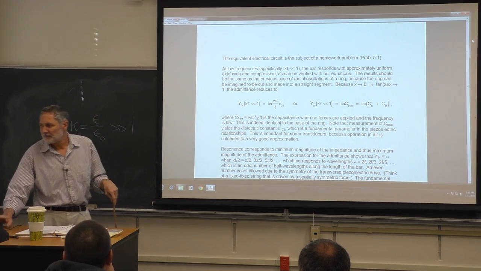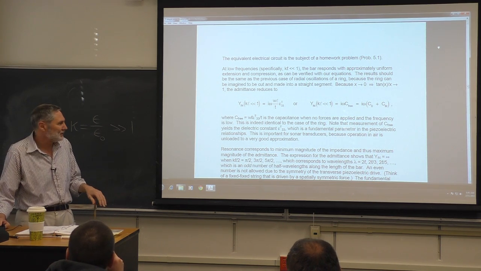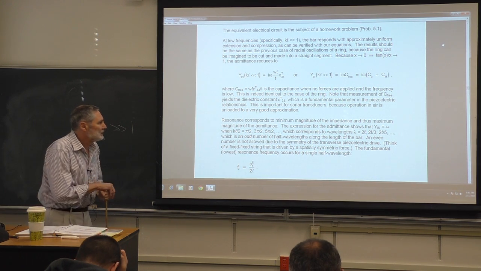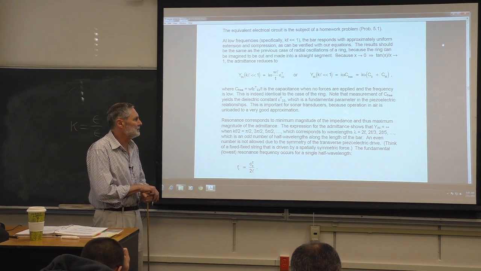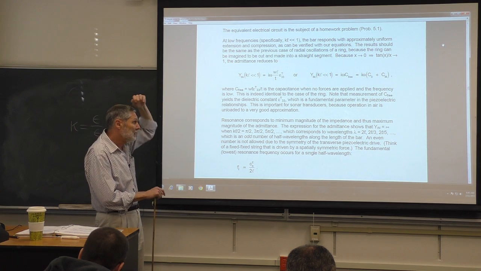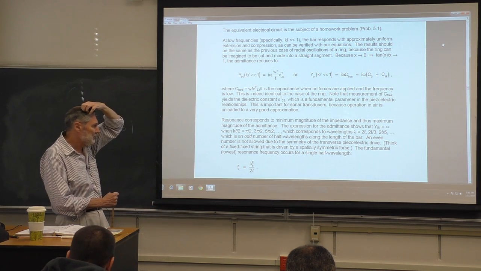Now, there's stuff going on here. We have to investigate the standing waves, and there's somewhat of a surprise here. Resonance corresponds to the minimum value of the impedance, and therefore the maximum value of the admittance. If you look at our expression, we have no damping here, so it's going to be infinite.